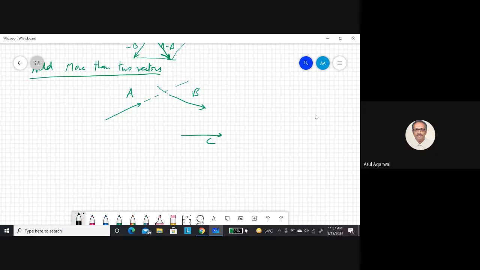So now this becomes your vector A. This becomes your vector B. Now you make a parallelogram using these two vectors. This is your resultant vector A plus B.